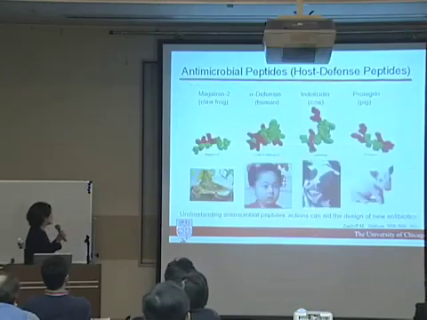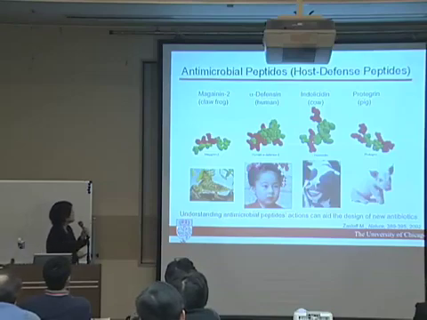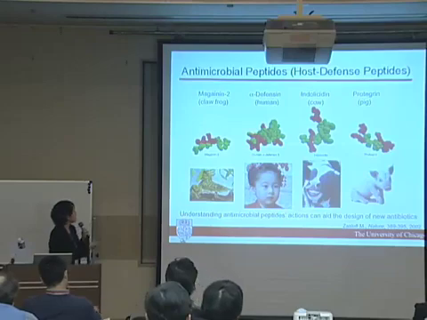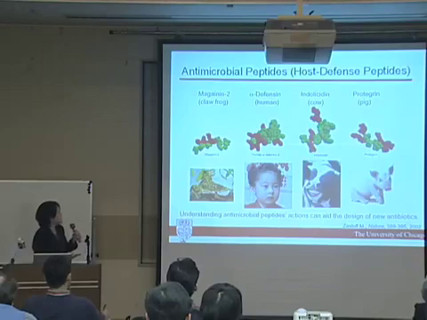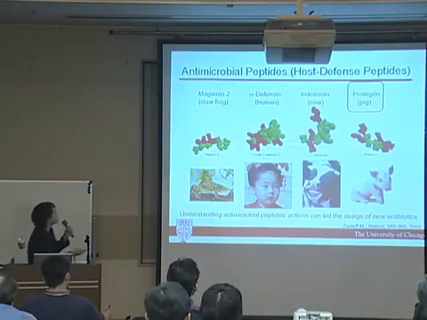As I said, they exist in a lot of living creatures. Magainin may be something that you've heard about, from the skin of the clawed frog. In humans, we have LL-37 or defensin in our innate immune system. Cows have their own indolicidin. Today I'm going to focus on one that is isolated from pigs, called protegrin.